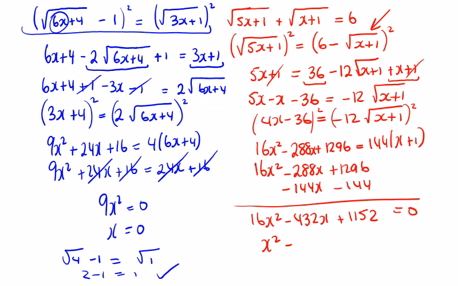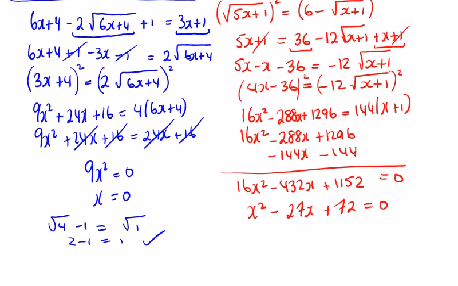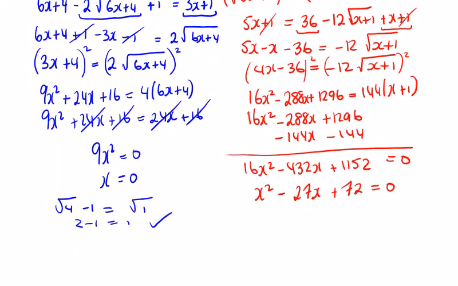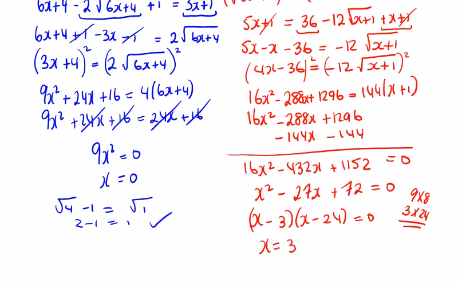So x squared minus 27x plus 72 is equal to naught. So what are the factors of 72 here? Well, it's not 9 and 8. 3 and 24? Yeah, 3 and 24 gives 27. So x minus 3 by x minus 24 equals naught. x is equal to 3 or 24.